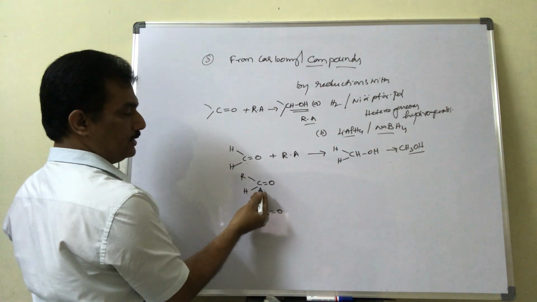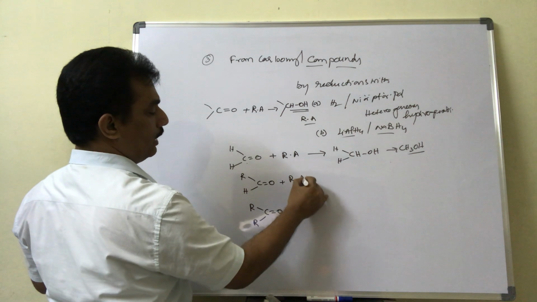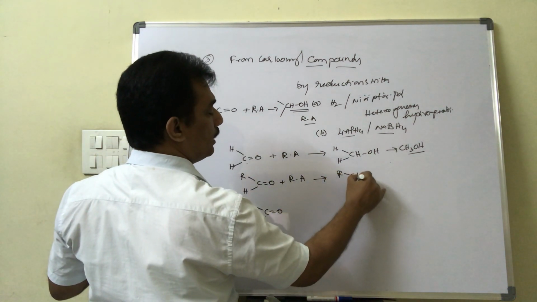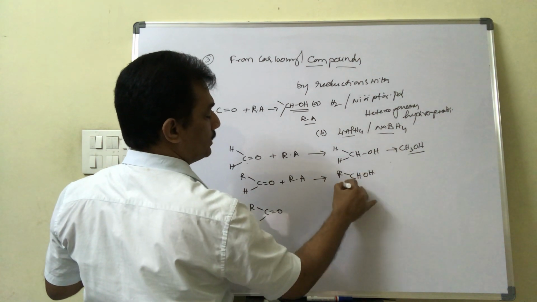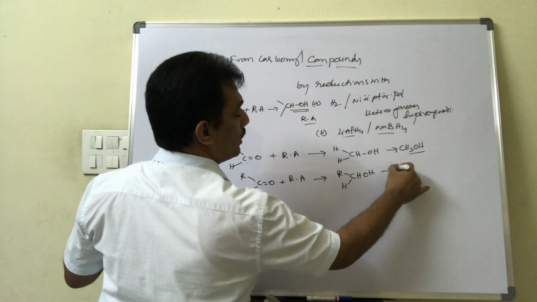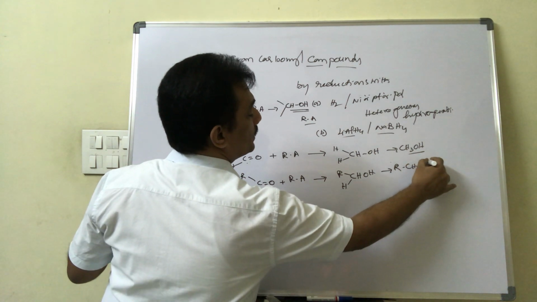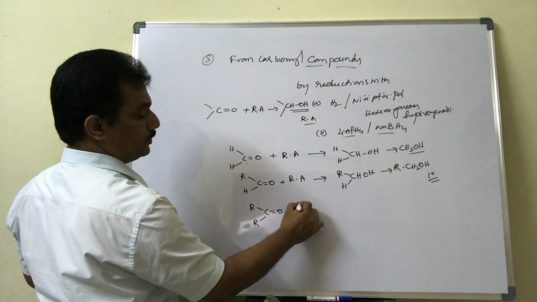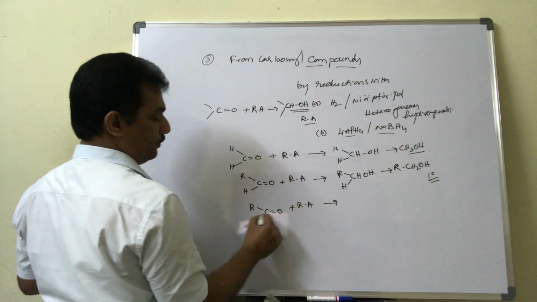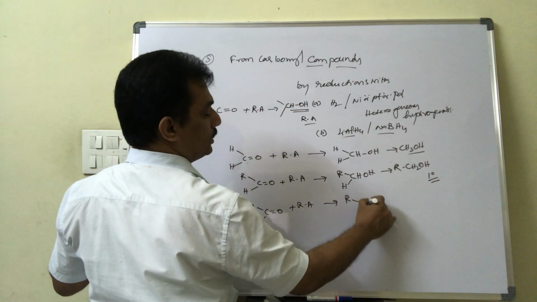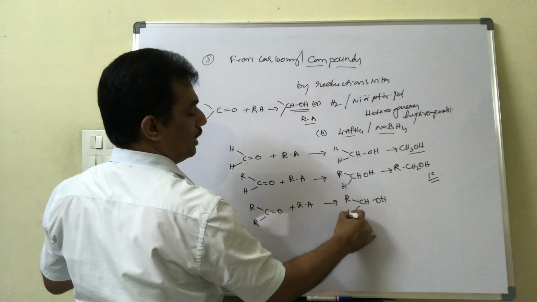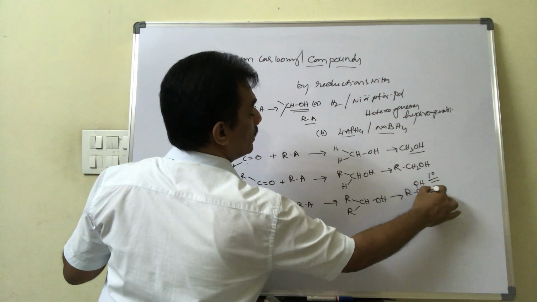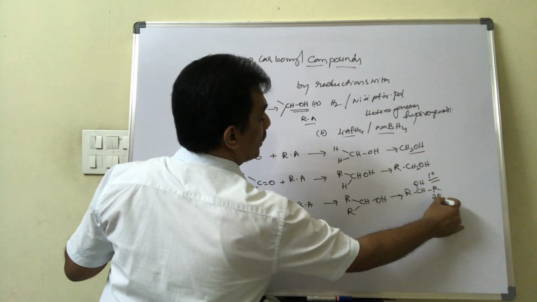Similarly, in the case of aldehydes other than formaldehyde, when reduced, it is RCH2OH. It is nothing but primary alcohol. And now in this case, when the reducing agent is used with ketone, it is converted like this, RCHOH R. That is secondary alcohol.